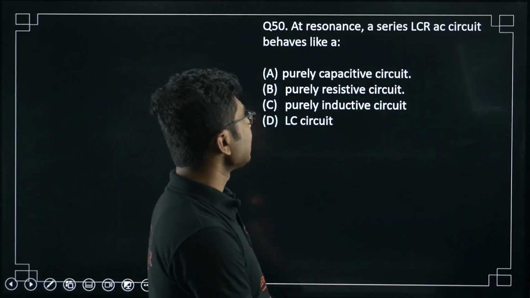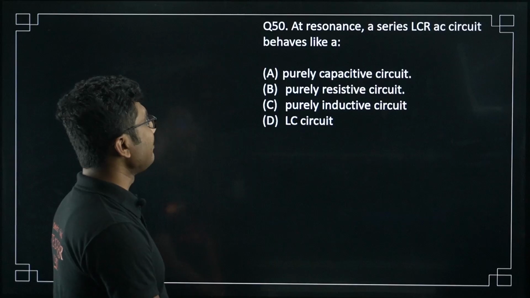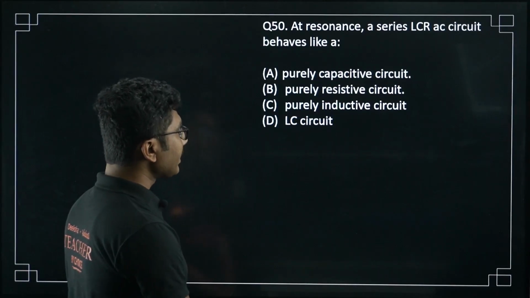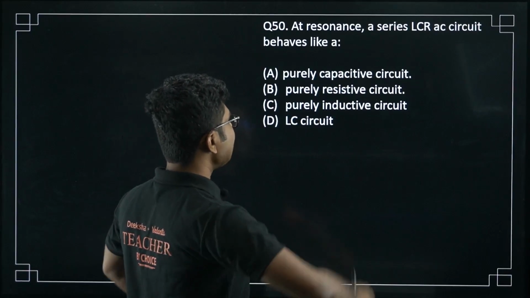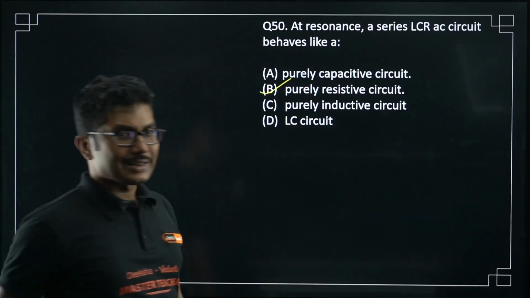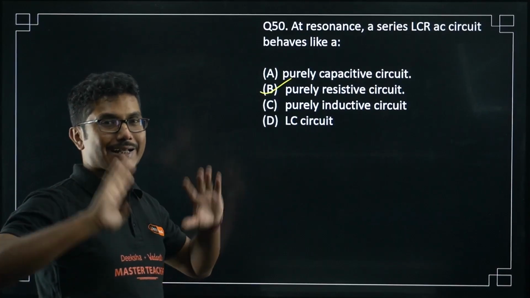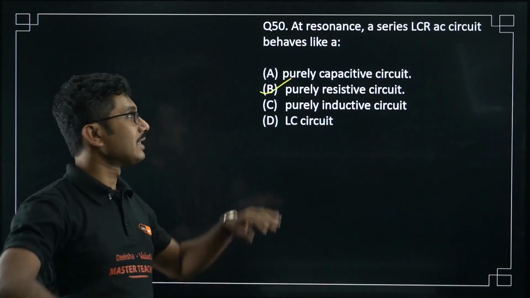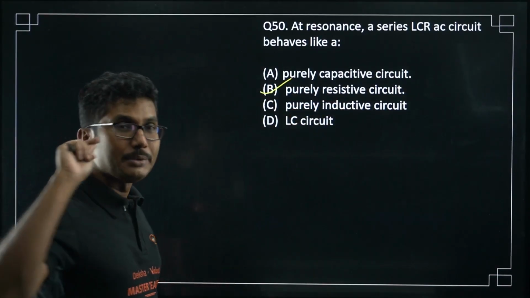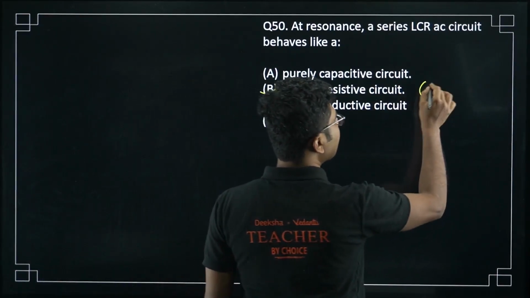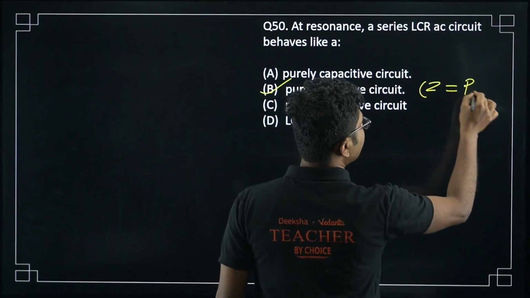At resonance, a series LCR AC circuit behaves like a pure capacitive circuit, pure resistive circuit, pure inductive circuit, or LC circuit. As we just discussed, at resonance, XL and XC become equal and they cancel each other. So it just behaves as a purely resistive circuit. At resonance you also remember that the impedance is equal to the resistance.